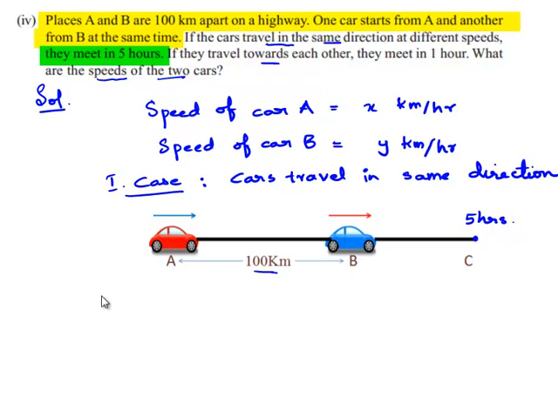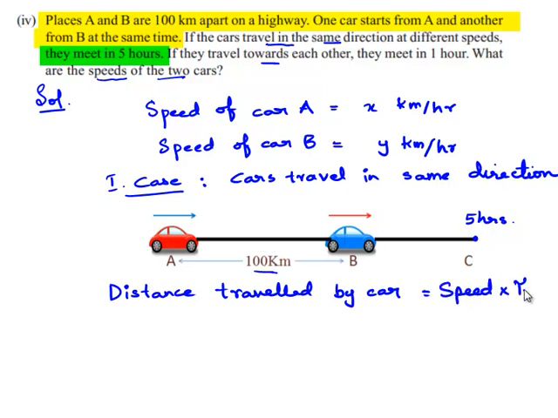So let us calculate the distance traveled by car A. We know that distance is equal to speed multiplied by time. We have assumed that the car A speed is x kilometers per hour and the time taken is 5 hours.